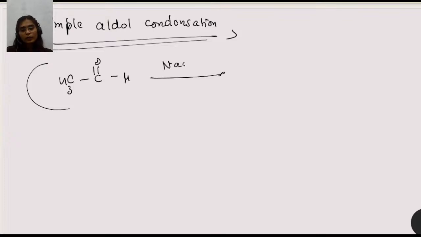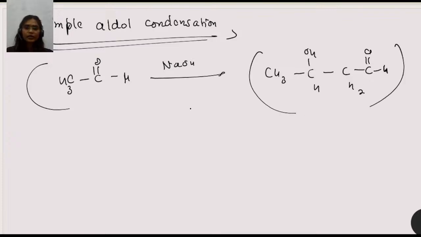If I'm using NaOH, the product we get is CH3CH(OH)CH2CHO. This is point number one, simple aldol condensation.